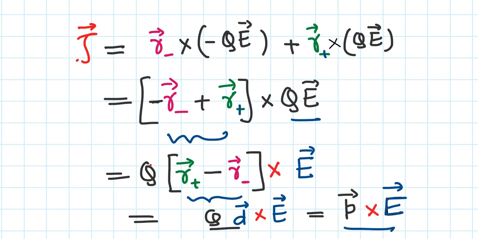This is how you derive the expression for torque for an electric dipole with electric dipole moment P in the presence of a uniform field E.